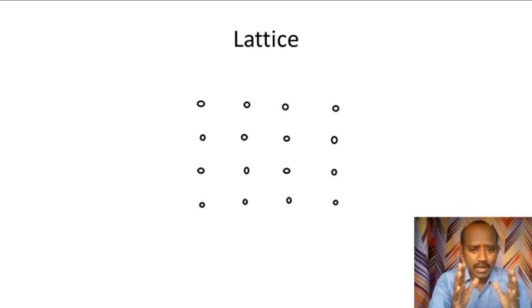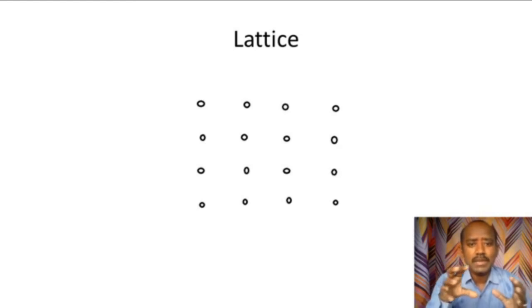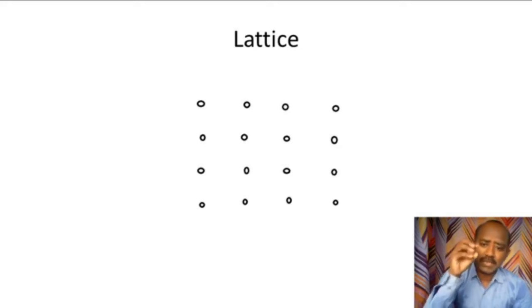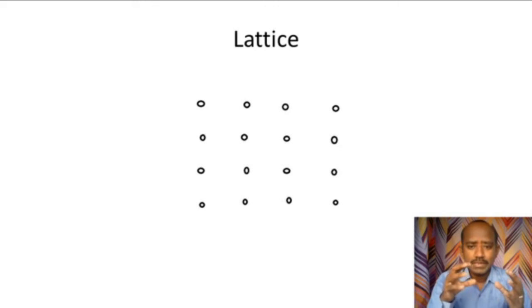There are a number of atoms or molecules present inside the crystal. But in the lattice concept, we are not considering any atoms, molecules, or ions, just the position of that atom. So it is placed as a dot.